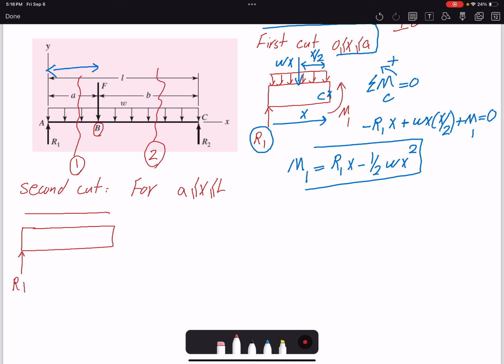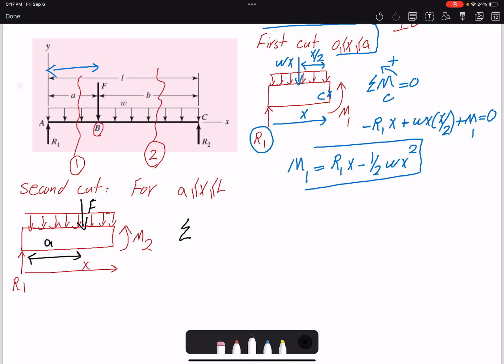Again, I have the distributed loading. I have my x. The moment, I'm going to call it M2, at this point. And I have the force F acting somewhere here, and the distance to the force would be a.